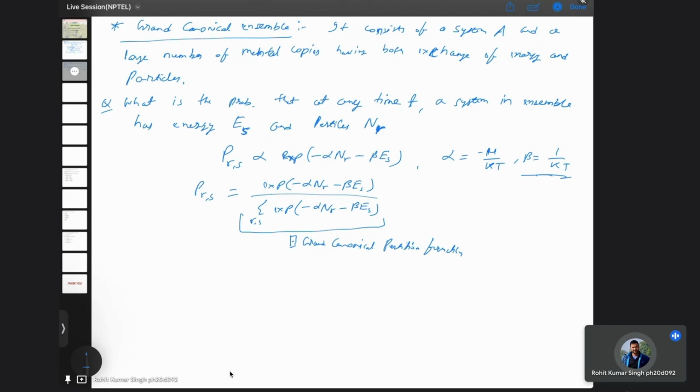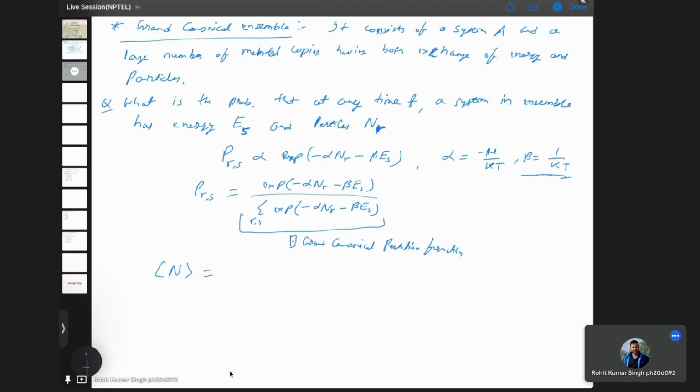And then similarly you can calculate various averages, like the average number of particles, the average energy of the system, like we did in the case of the canonical ensemble.